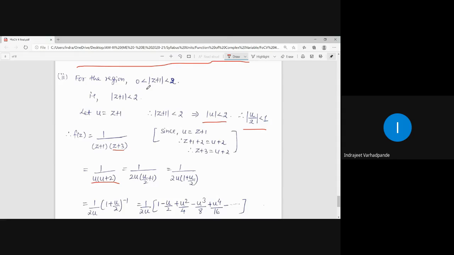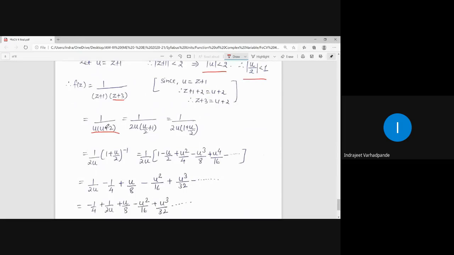Okay, so 1 लाने के लिए 2 को बाहर लेना पड़ेगा, तो u by 2 plus 1, that means 1 plus u by 2, 1 upon 2u outside, raise this to the power minus 1, apply the binomial expansion, open the bracket, replace the value of u. मेरे को expansion u में नहीं चाहिए, that is for our convenience what we have done.